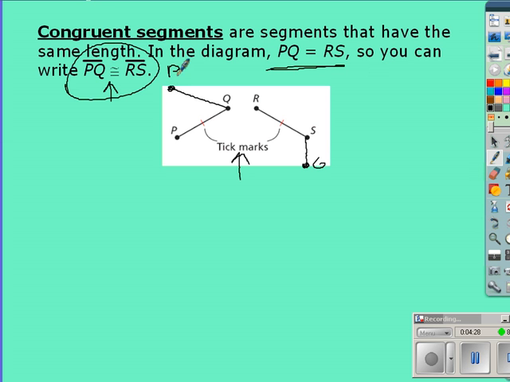Let's say B. And I put 2 red ticks on these 2 lines. I'm letting you know that even though it doesn't look like it, QB and SG are congruent lines because they both have 2 ticks on them. The distance is the same between them. RS and SG are not congruent because one has 1 tick and one has 2 ticks.